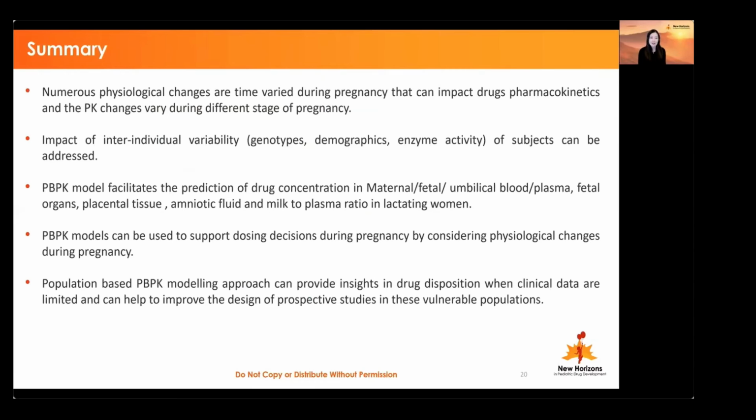And we can also use PBPK models to predict the drug concentration in maternal, fetal, umbilical cord, fetal organs, placental tissues, and milk to plasma ratios using this maternal fetal coupled model, in addition to the lactation model that we described several slides ago. With this type of PBPK platform, we can use these approaches to support dosing decisions by considering these various physiological changes.